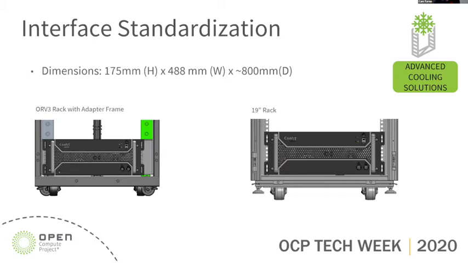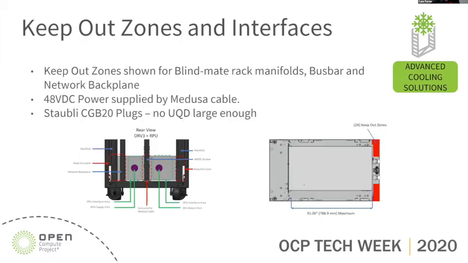The volumetric dimensions are currently 175 millimeters high, 488 millimeters wide, and 800 millimeters deep. This is a little bit in flux as we're working on a few remaining concepts. Keep-out zones have been defined for interoperability between rack architectures and to allow for maximum flexibility between RPU vendors.